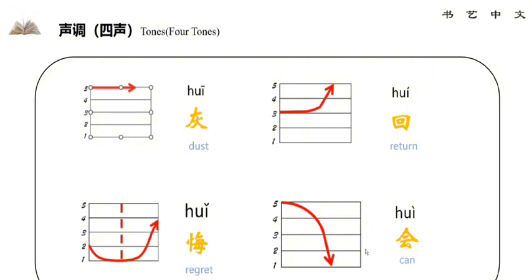In the fourth picture, we can see the red arrow goes from the 5th line down to the 1st line. It is the 4th tone. Read after me. 会. They have different meanings, right? So that's the function of the tones.